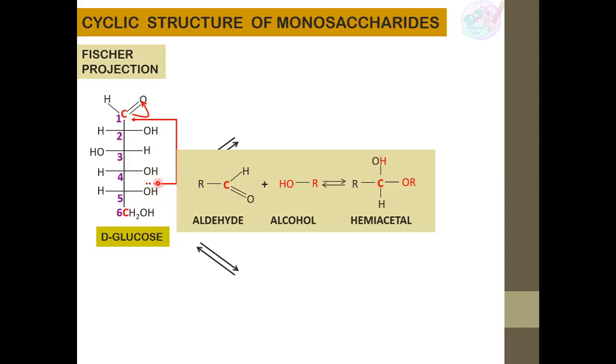If you look at the fifth OH group, it has a lone pair and this attacks the aldehyde carbon. When it attacks the aldehyde carbon, this oxygen forms a bond with the first carbon and the carbonyl O is converted to OH. Here, similarly, this carbon initially had this R group, this H, and the O is converted to OH, and this group becomes another OR.